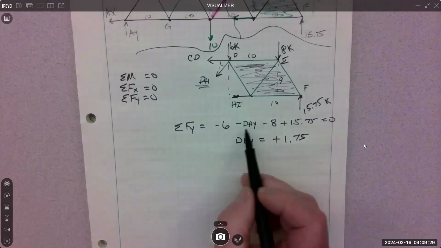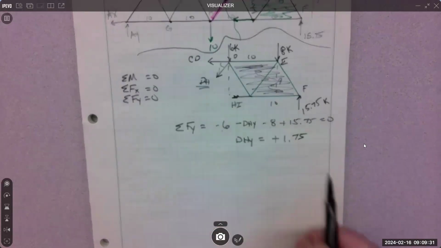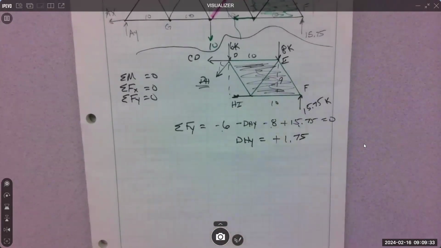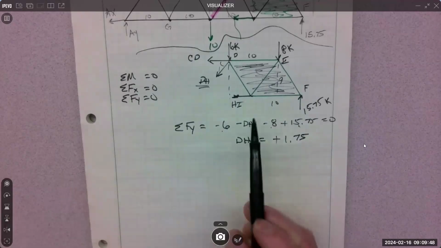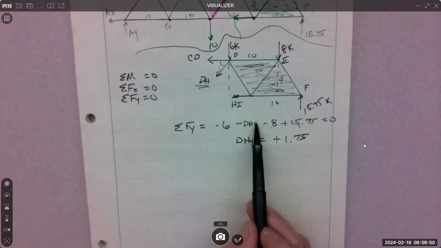Sorry. DHY moves to the other side, so this stays negative, that stays negative, that's positive, it comes out positive. I mucked it up. But you didn't. I'm sure you got a positive number, right? So how do I know not to switch?